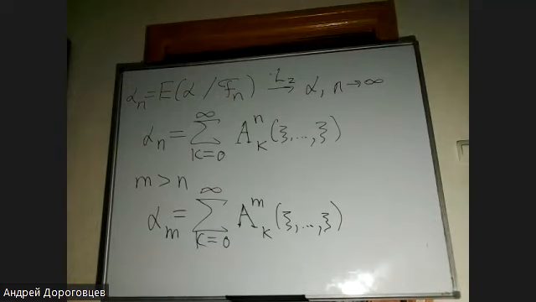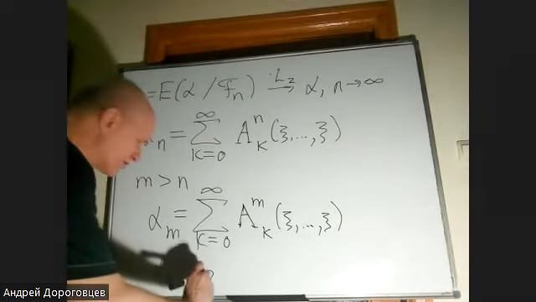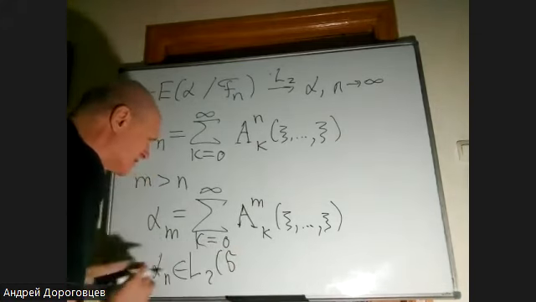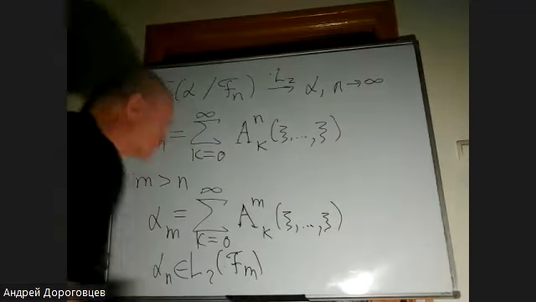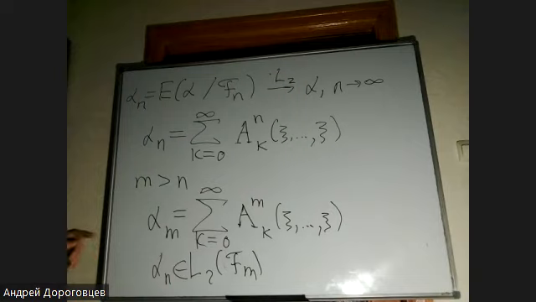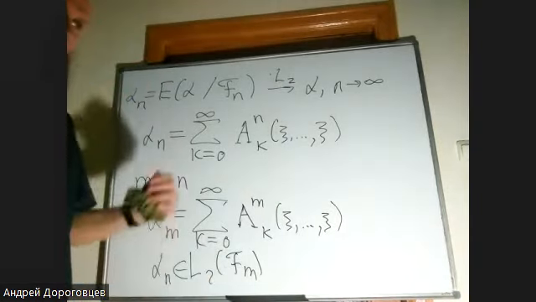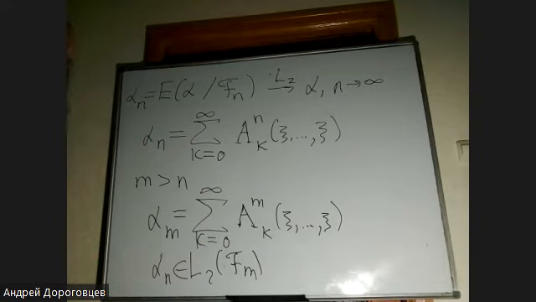And let me note the following interesting fact: alpha^n can be considered as an element of L2 with sigma field F_m, since then it must have a chaotic representation using the first m elements psi_1, ..., psi_m of our sequence psi.